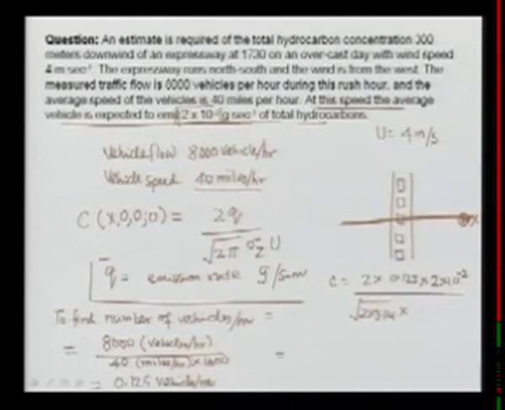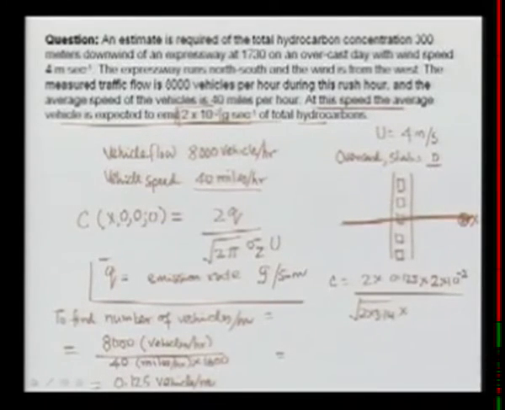Okay, what was my stability class? I need to know the stability. Did it say anywhere? Overcast condition. Overcast means, if you recall, as we had explained, stability is equal to D. Okay, so let's take the stability.